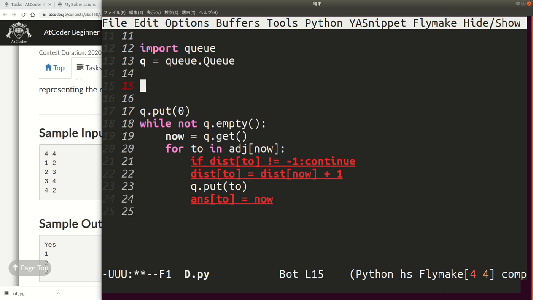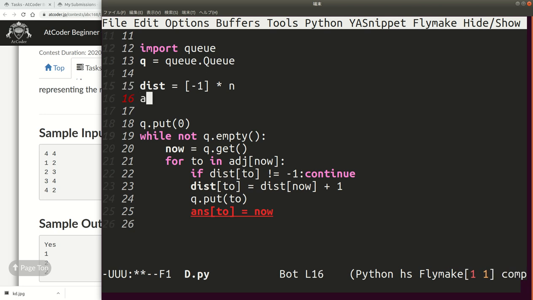So let's define those lists. Distance is the list with size n, initialized with -1, and answer is a list of length n, times n.